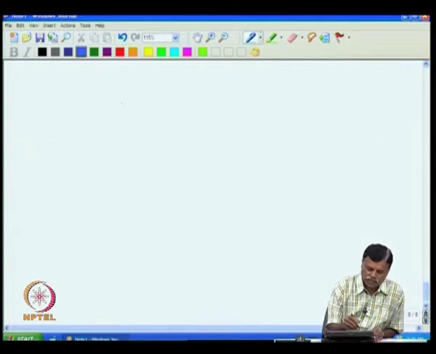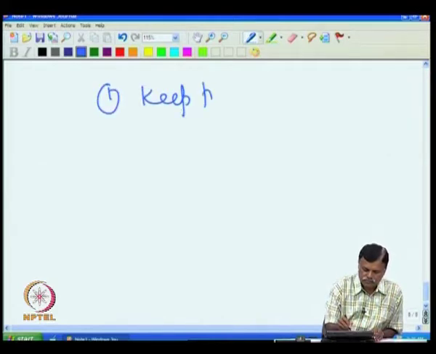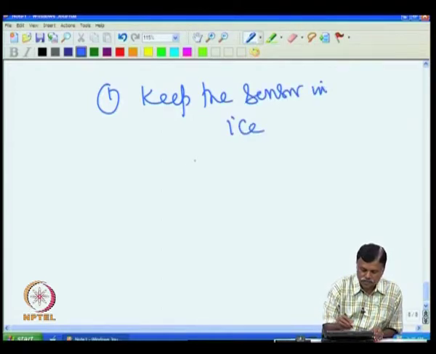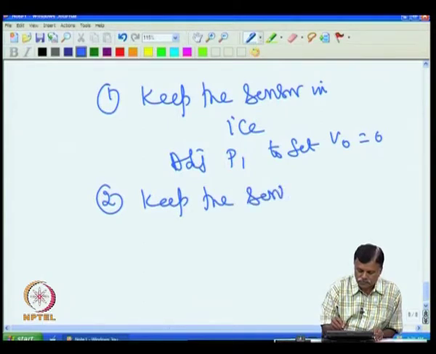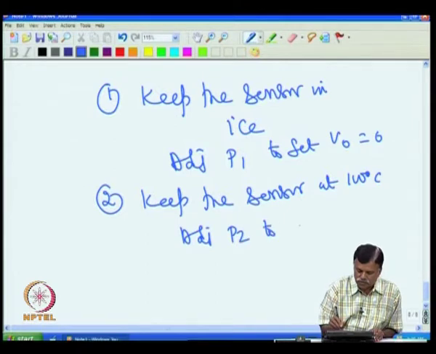So, essentially the calibration steps would be: keep the sensor in ice. Adjust P1 to get V0 equal to 0. Then keep the sensor at 100 degree C, adjust P2 to get the output as 1 volt.